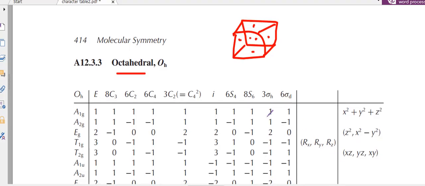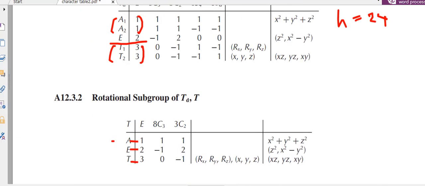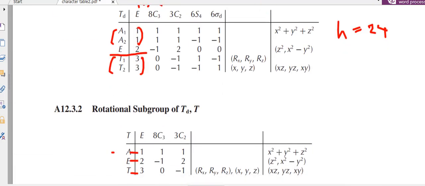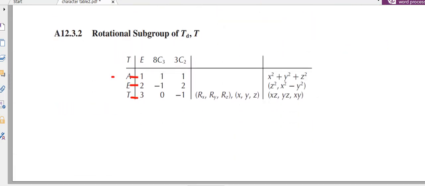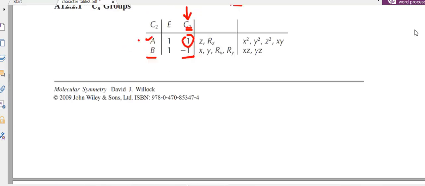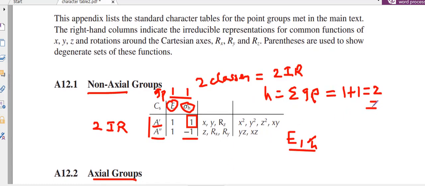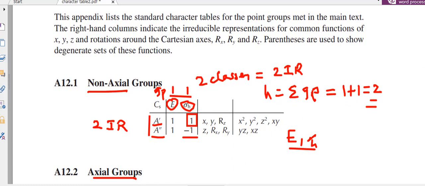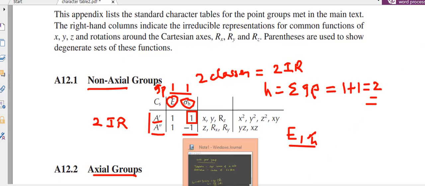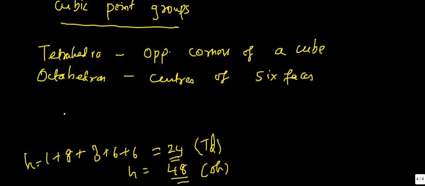That means the octahedron has higher symmetry than the tetrahedron, because here h is equal to 48, whereas here h is equal to 24. If you take the Cs group, the value of h is 2, which means the symmetry is very low. In the octahedron, the symmetry is very high because h is equal to 48.